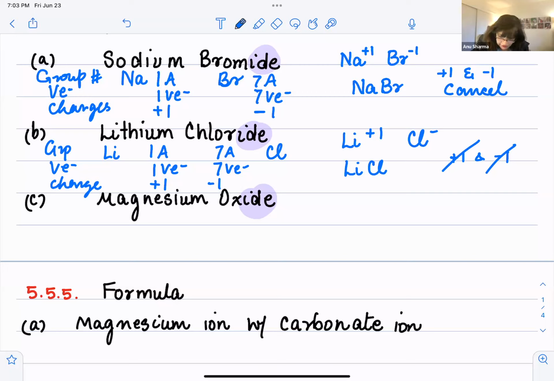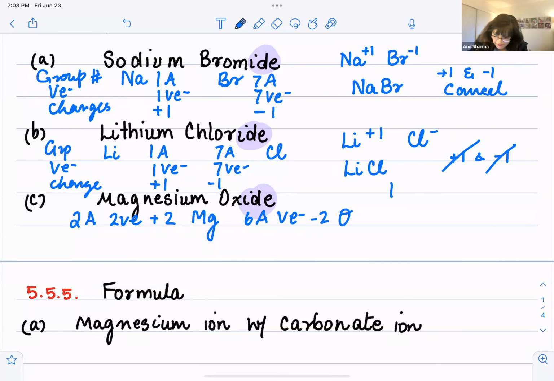Okay, next is magnesium oxide. Same story. Magnesium is 2A, 2 valence electrons, +2 charge on magnesium. Oxygen is 6A, 6 valence electrons and -2 charge on oxygen. So let's put this here. Magnesium +2 charge, oxygen -2 charge. They cancel out. So the formula is MgO, magnesium oxide, because +2 and -2 cancel out.